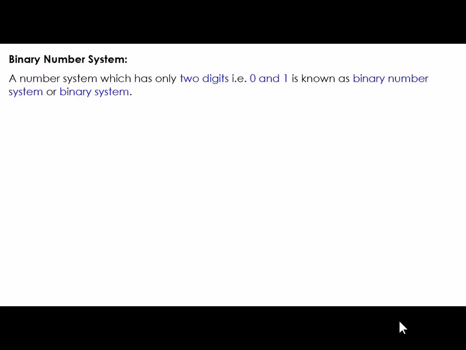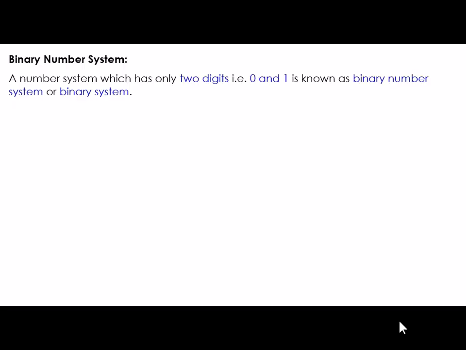Your computer understands only 0 and 1. It doesn't understand anything else. So this computer, which is a digital circuit, uses only two states, 0 and 1, and that system is called the binary number system.